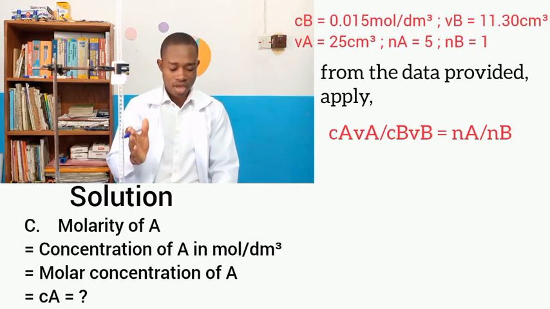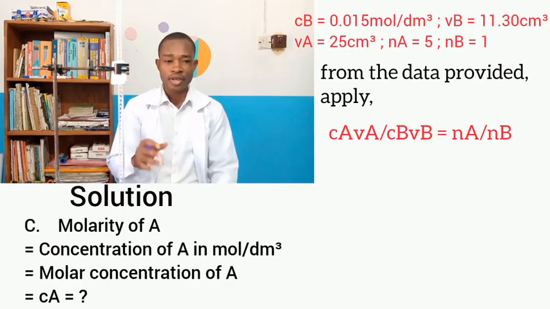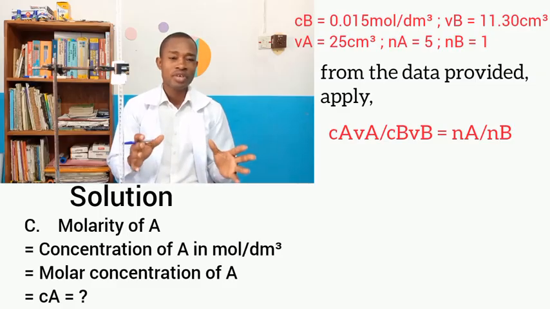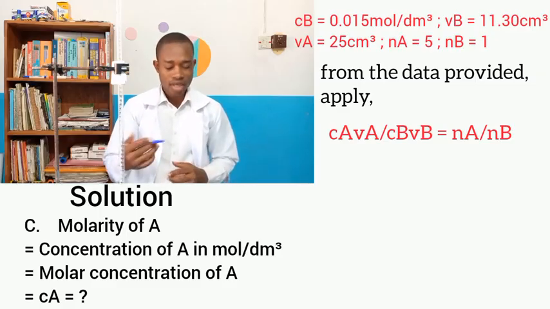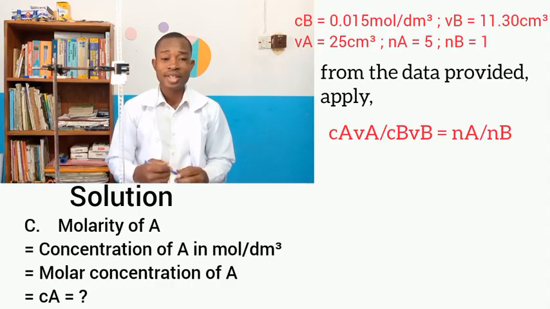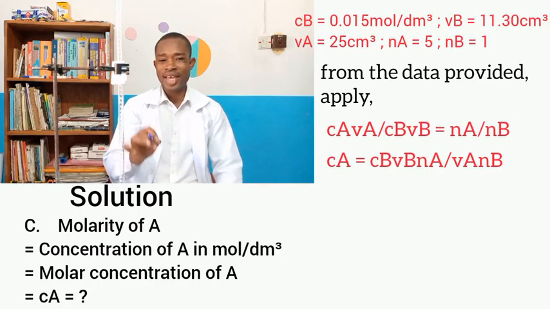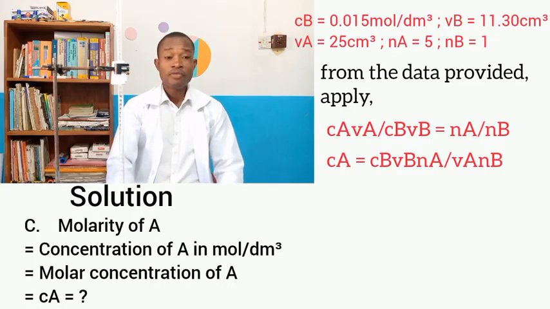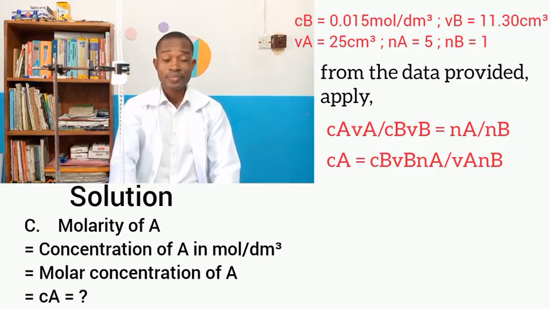And so with this formula, CAVA over CBVB equals NA over NB, we are looking for the molarity of A, which is CA. Making CA the subject of the formula, we are going to get CBVB times NA over VA times NB.